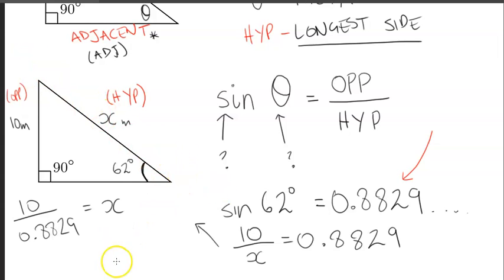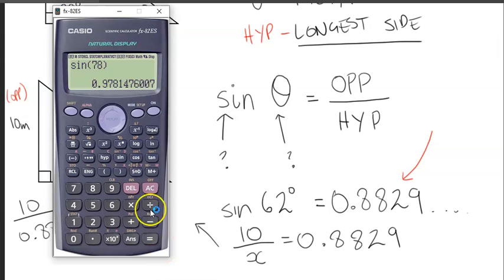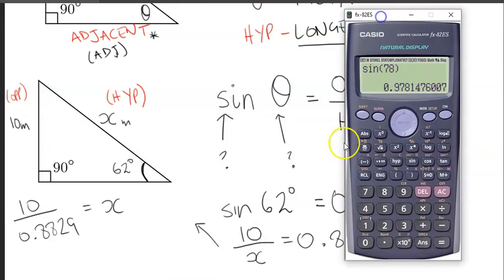This x meters. So if I put 10 as a fraction, 10 divided by, I'm not going to write 0.8829. I'm actually going to put just the sine of 62 as it is, because I know the sine of 62 is equal to 0.8829. I'm going to keep it as that, because that way it can give me a more accurate answer.